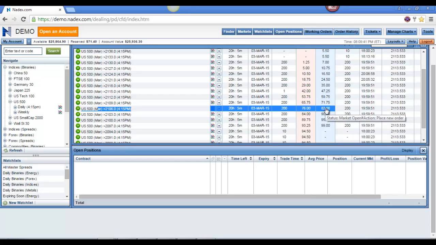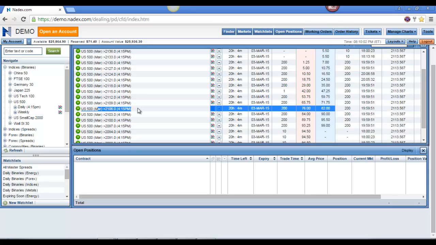So I'm buying this one for 82, saying the market's going to stay above 2106. Right now it's at 2112. So I'm saying it's going to stay above 2106, but also stay below 2121. You follow me? I'm saying it's going to stay in between these two.